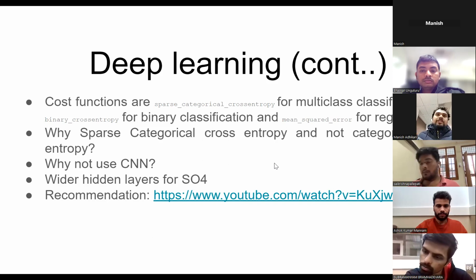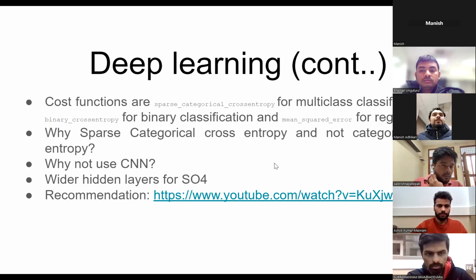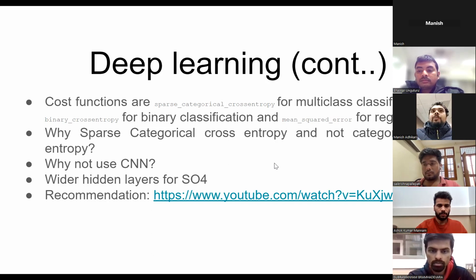So we use deep learning with fully connected dense layers, and some people have suggested I use a convolutional neural network, CNN. Why don't I use CNN? CNN is very good for image classification because it can detect image features like edges, working with pixels in proximity to each other.